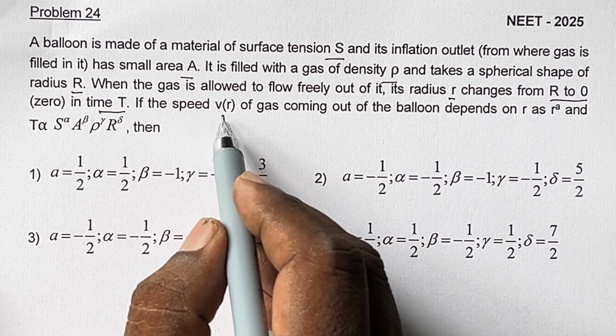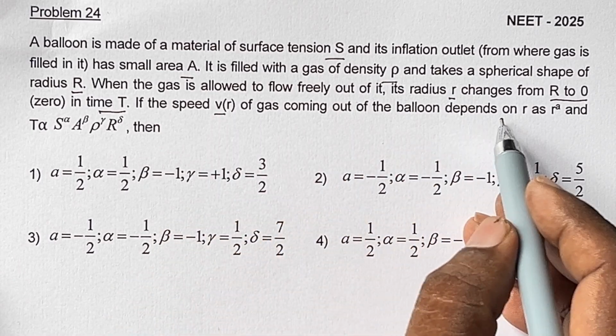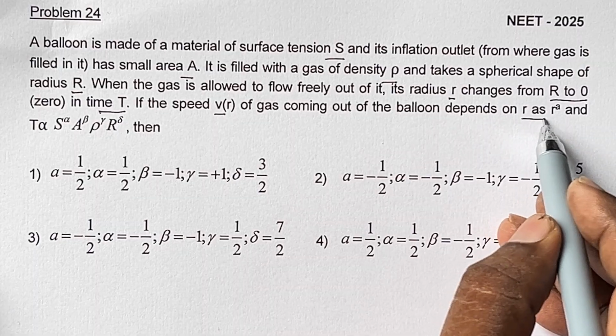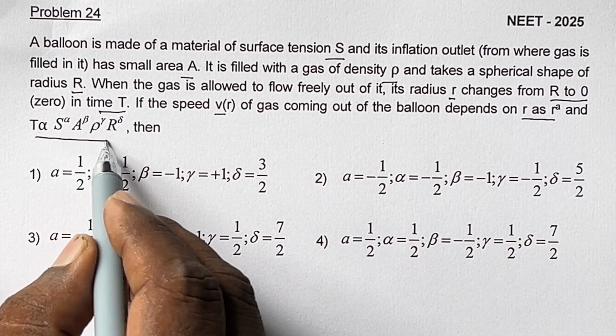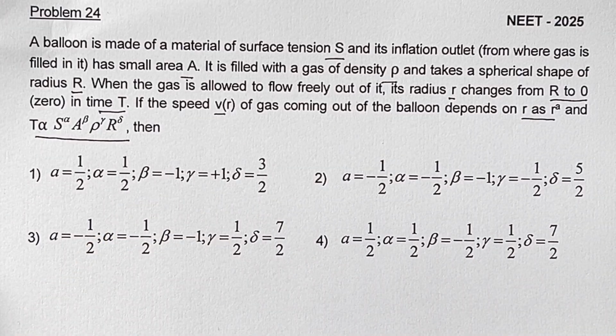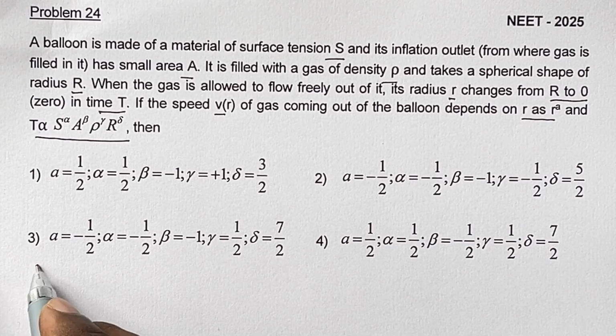If the speed v of gas coming out of the balloon depends on r as r power a, and t is proportional to S power alpha, A power beta, rho power gamma and R power delta, then the values alpha, beta, gamma we have to calculate.